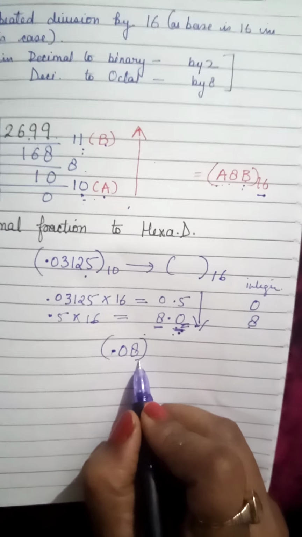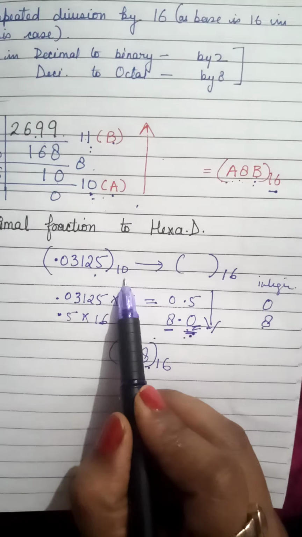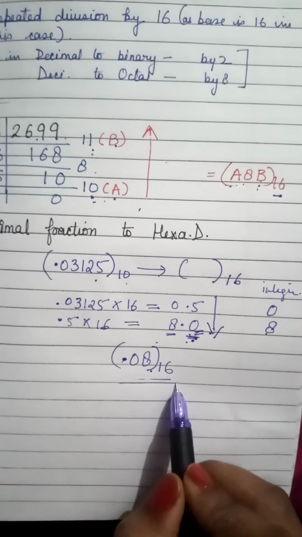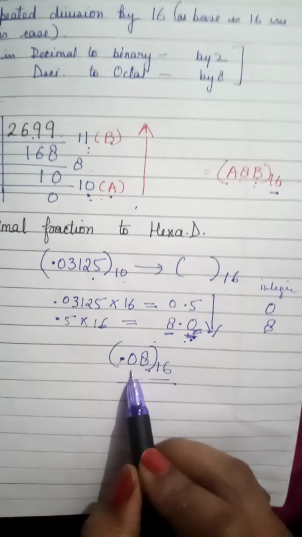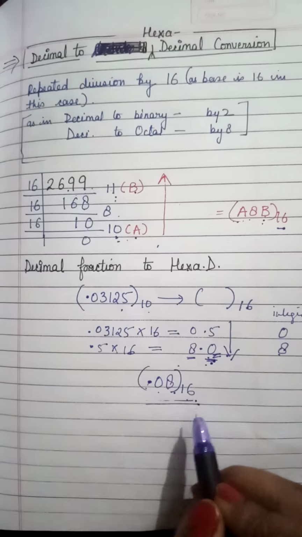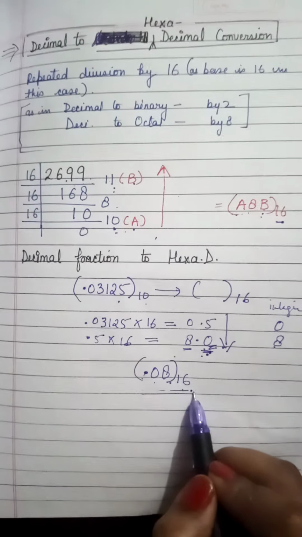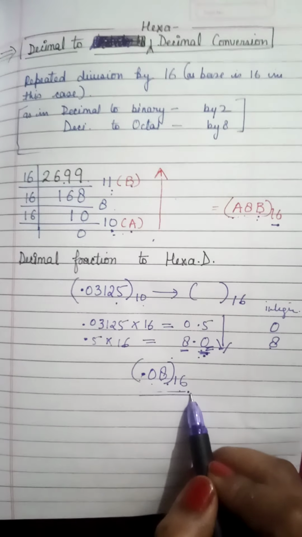So what will be the equivalent of 0.03125 base 10? The equivalent hexadecimal number will be 0.08 base 16. Okay, so this is the conversion from decimal to hexadecimal number.